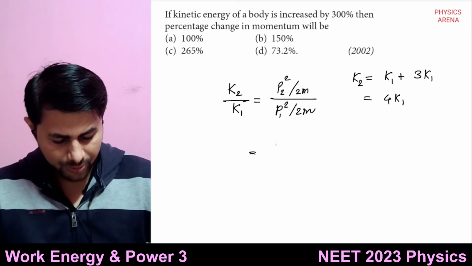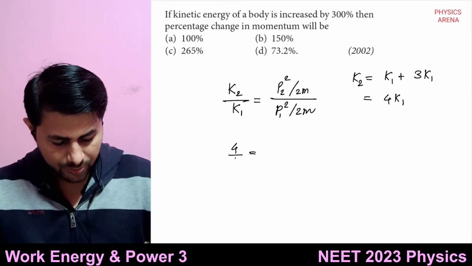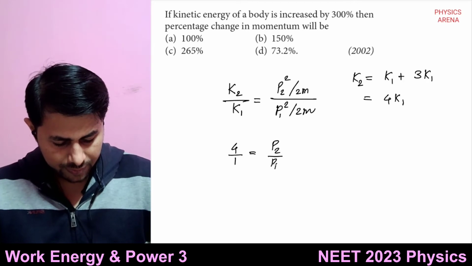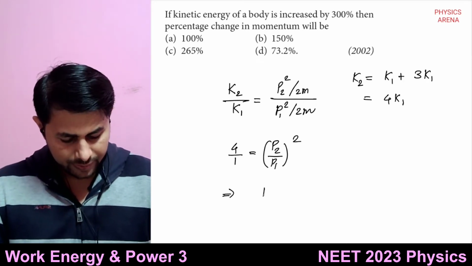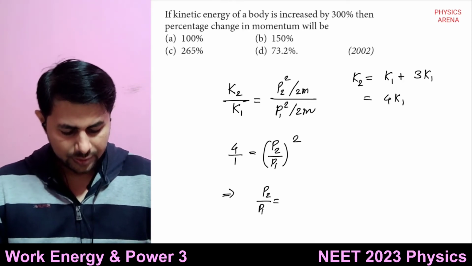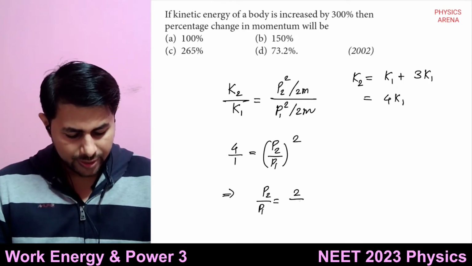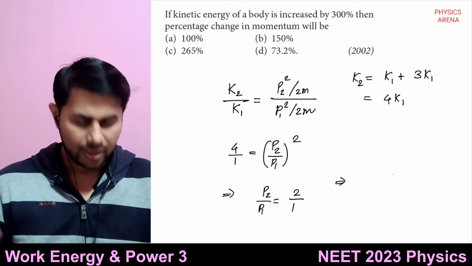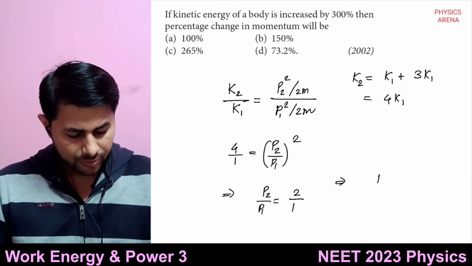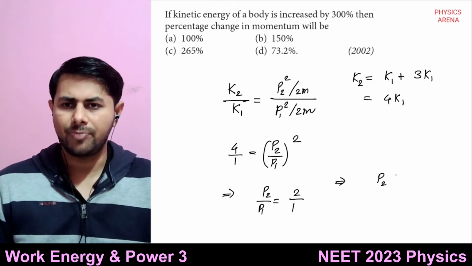So P2 upon P1 square is equal to 4 upon 1. Take square root, it is 2 upon 1. So if P1 is 100%, P2 is 200% of P1.